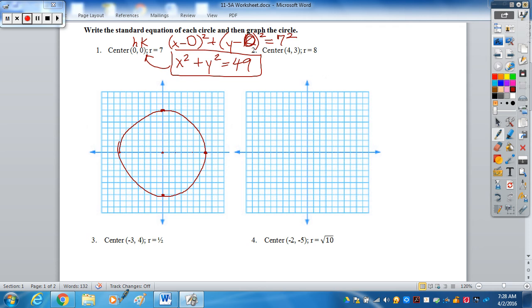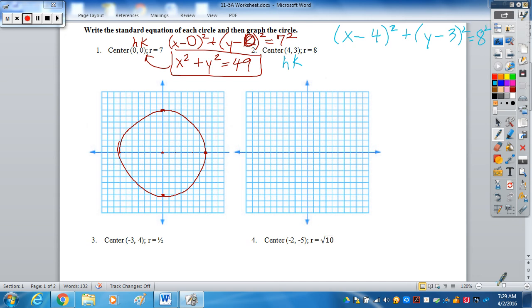All right, so hopefully you've done number 2 already. Here's how you'd want to do it. Let me use a different color here. See if you can see the baby blue, Carolina blue. We have h and k, which is 4 and 3, radius of 8. So I'm going to plug it into my equation: (x minus h) squared plus (y minus k) squared is equal to the radius squared.